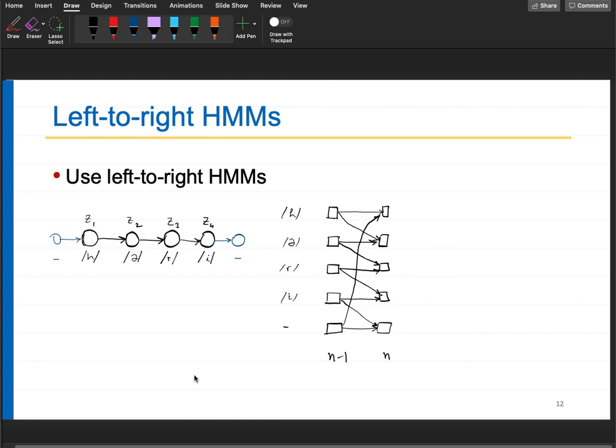Is this clear? So in the data which you collected for speech recognition, no, audio event detection, right? Audio event detection data which you collected. Can you use HMMs to model your data, to classify your data? If I give you a recording and ask you, is it door knocking or is it music or speech?